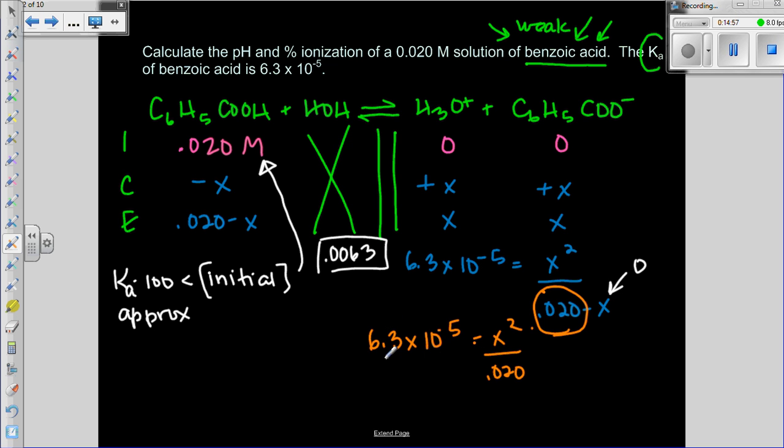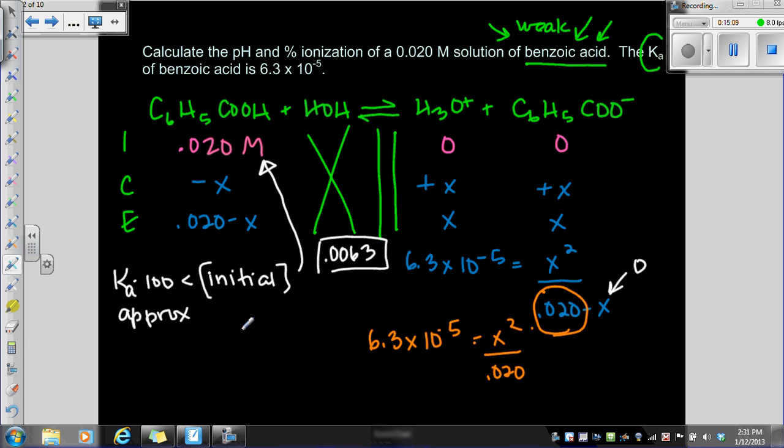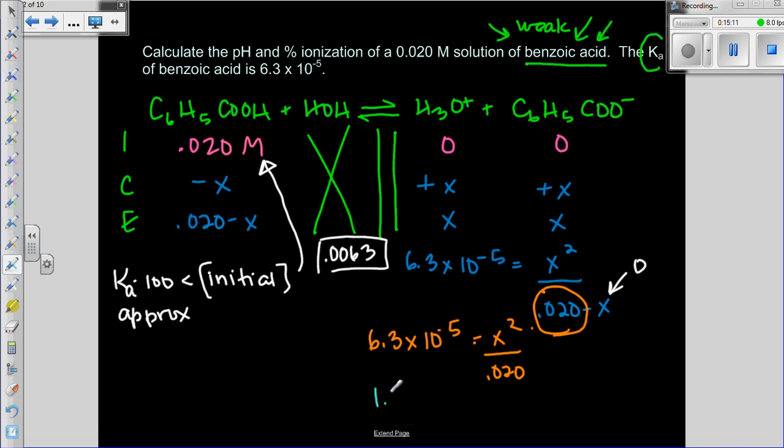So if I know that this is true, then I can say 6.3 times 10 to the negative fifth times 0.020 gives us 1.26 times 10 to the negative 6. That equals X squared.